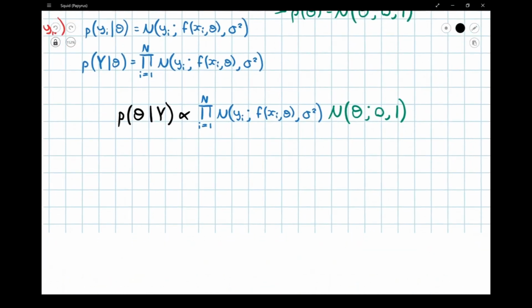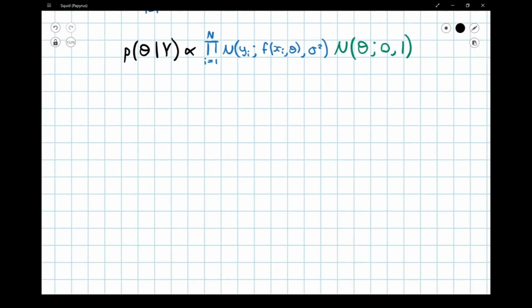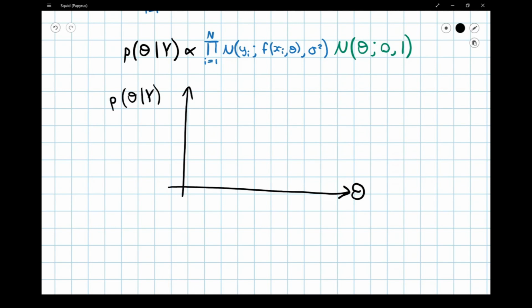So at the most basic level, what you can do now is plot theta on the x-axis and the probability of theta given y on the vertical axis, and we can try different values of theta and plug them into this equation, because now we have this whole expression that will let us evaluate the probability of theta given y at any of these points.